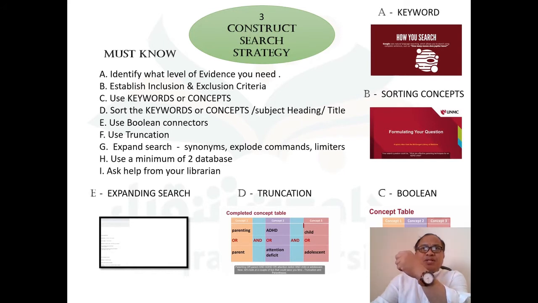If you want to search for a female patient, of course, you will exclude the male, only the female. But what kind of female are you going to look for? You're going to look for a female within the range of 20 to 30 years old. That is a specific inclusion criteria.